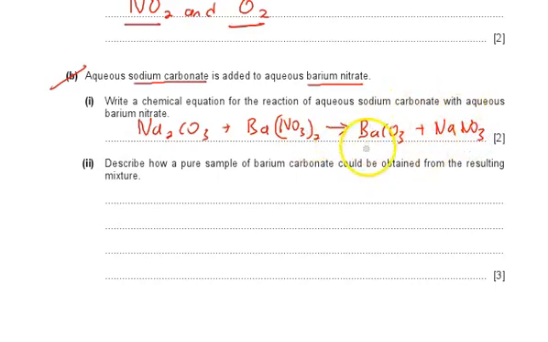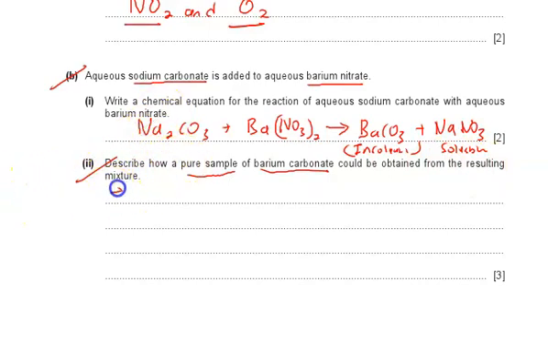Barium carbonate is insoluble as mentioned earlier, and the nitrate salt is soluble, so you can actually obtain this.